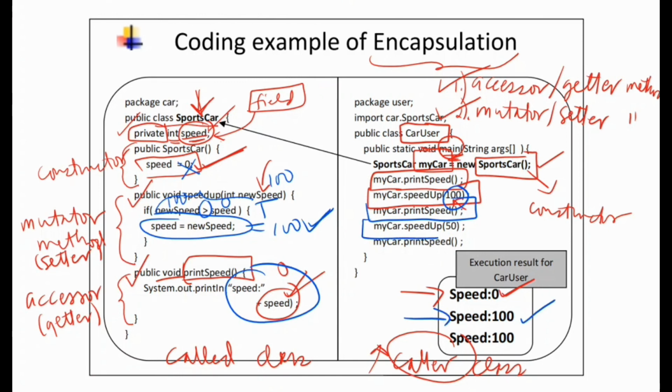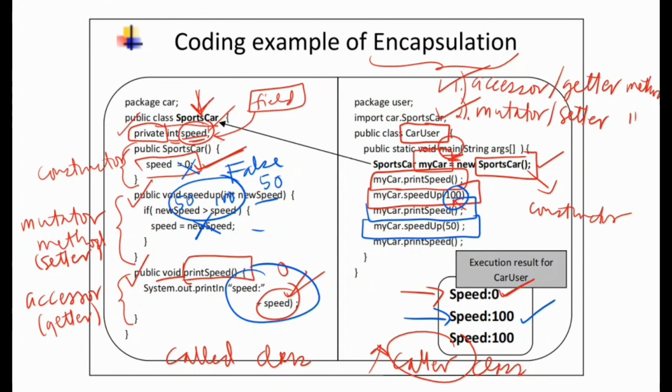And then we execute this. We try again to change the value of speed to 50. This time, the value passed here is 50. So is 50 greater than the current speed of 100? This is false, and therefore this is not executed, which means the speed is not changed to 50.